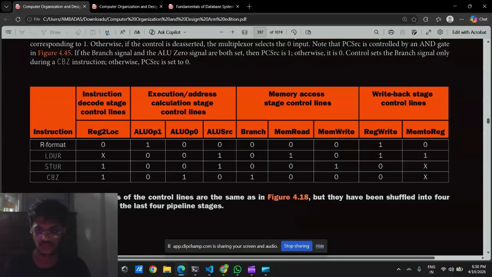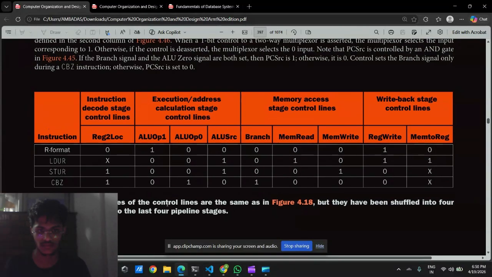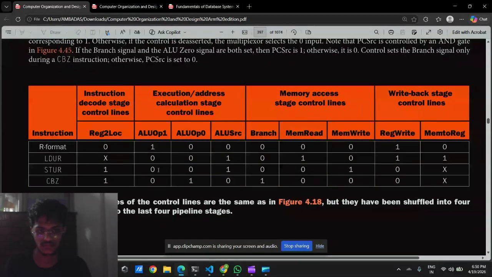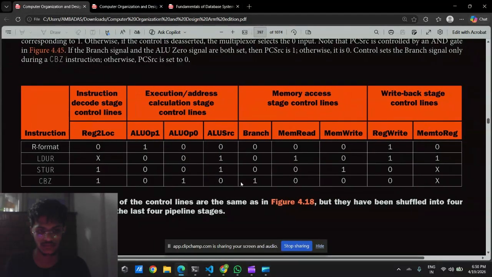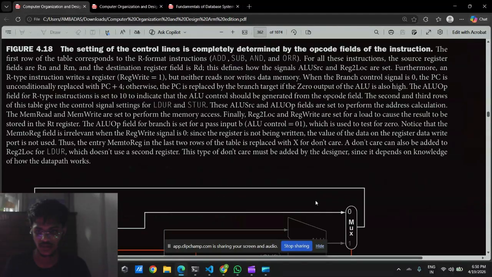So it's just the control lines. They have displayed the behavior of the control lines based on the input instruction. It's similar to the previous figure they have mentioned.